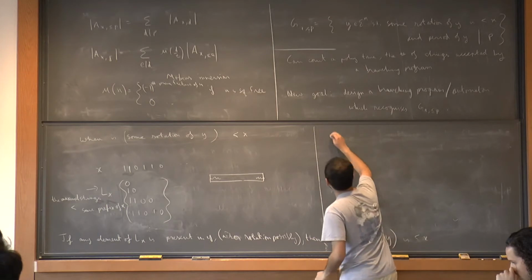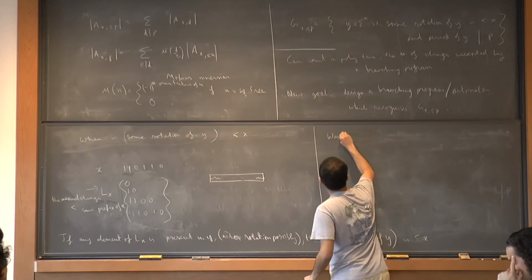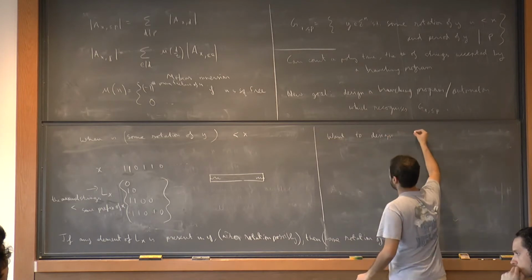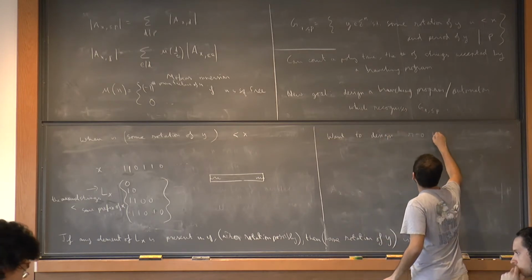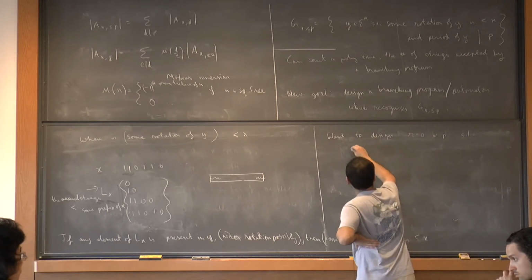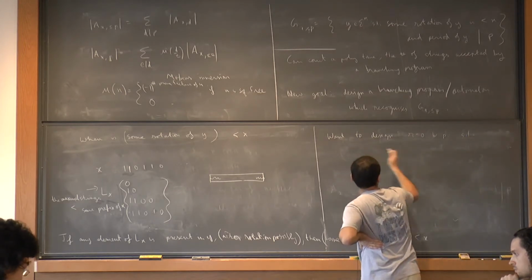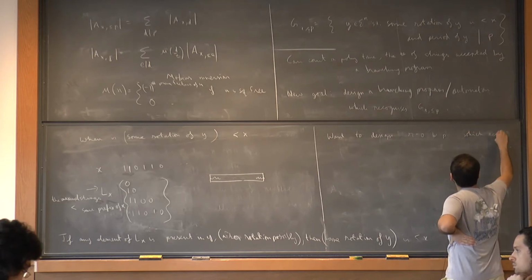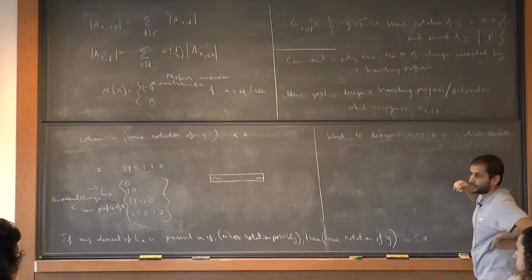So we want to design a read once branching program. Which accepts, yeah? In this case, you just get all the y's other than the all one string. Right?